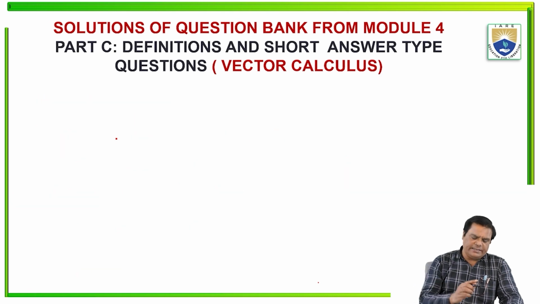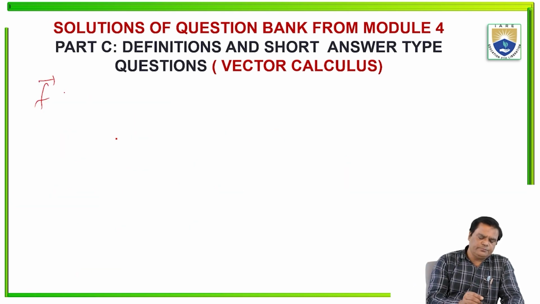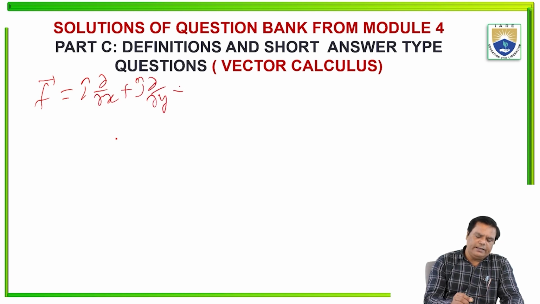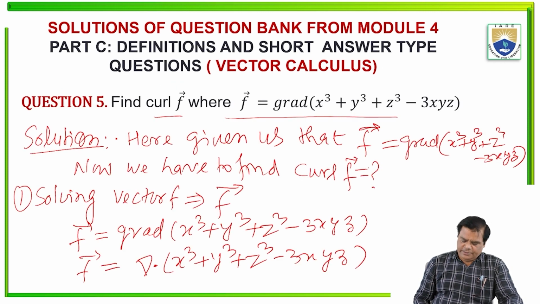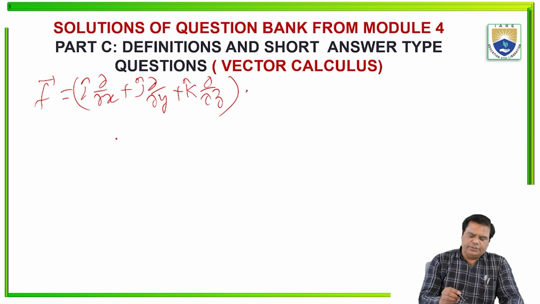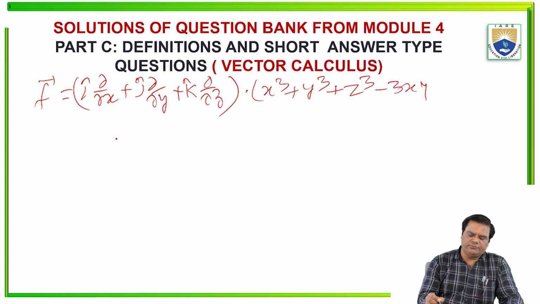So now here vector f, del is i dou over dou x plus j dou over dou y plus k dou over dou z, and f is x cube plus y cube plus z cube minus 3xyz.